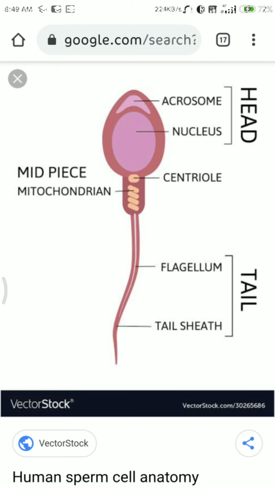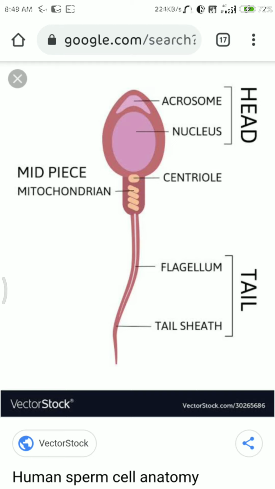The middle part has the centriole as well as mitochondria, and the lowermost part is the tail. It is a flagella-like, whip-like structure, with a protective sheath around it.